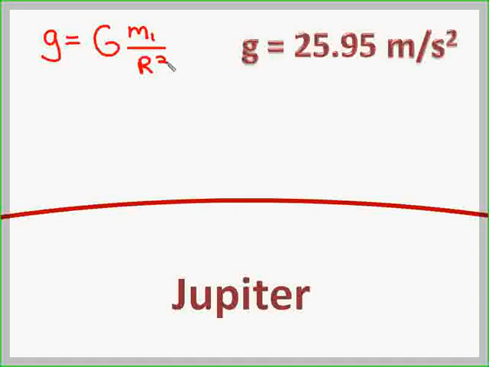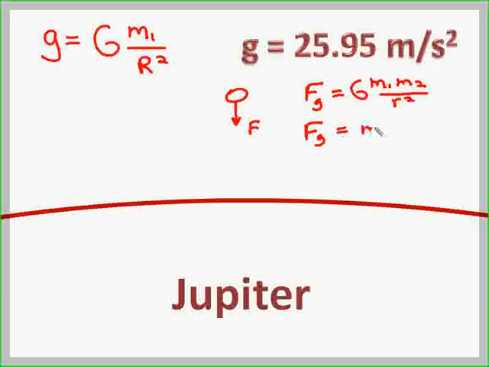Or you can do what I do, and remember that if you have an object that's orbiting another one, that force has three different expressions. Fg equals G m1 m2 over r squared, Fg equals m2 times lowercase g, and Fc equals m v squared over r.